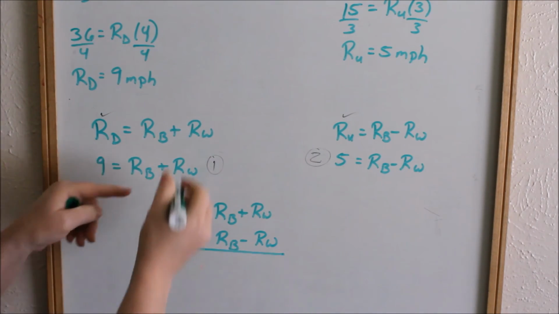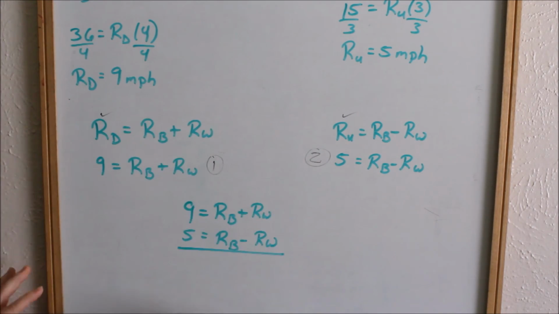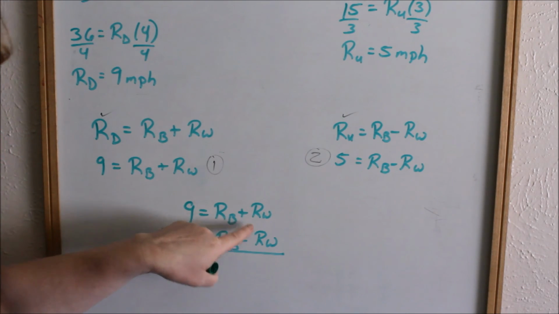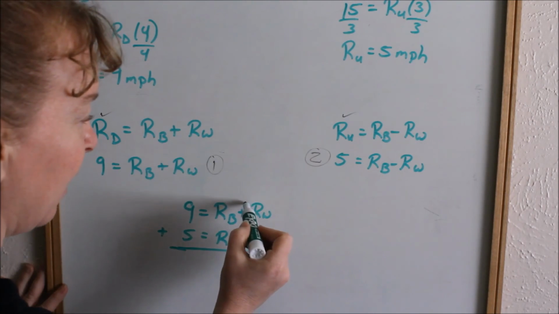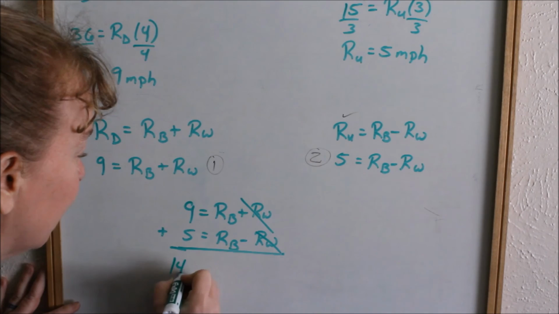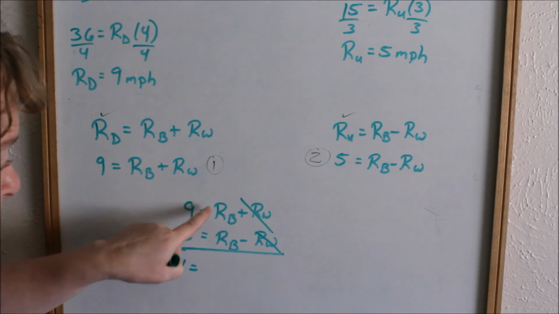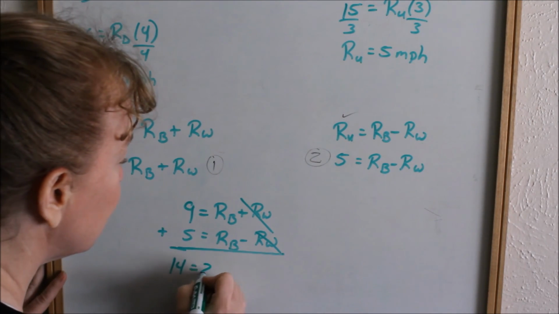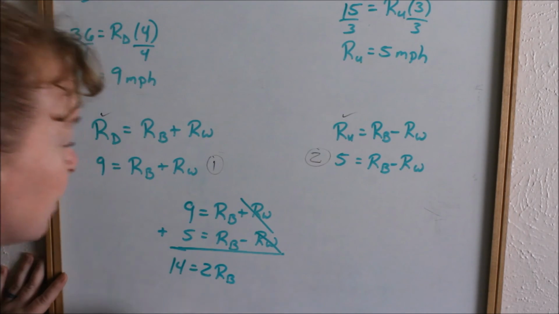Everything is lined up. Boat, water. I'm adding these. Does anything eliminate the way it is right now? Yes, it does. The rate of my water will eliminate already, so those cancel. Now I'm just adding these. That'd be 14. One of these plus one of these is 2 of these.